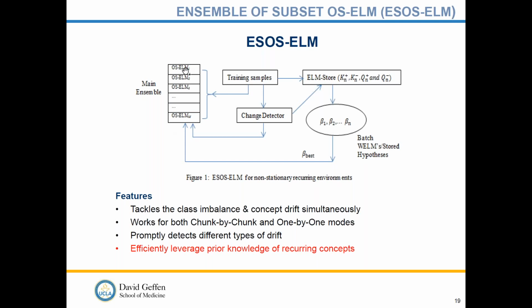It maintains multiple individual classifiers, each of them trained on a balanced subset of the original imbalanced data stream. Then there is a change detector which promptly detects different types of concept drifts. And then there is an ELM store which efficiently leverages prior knowledge of recurrent concepts.